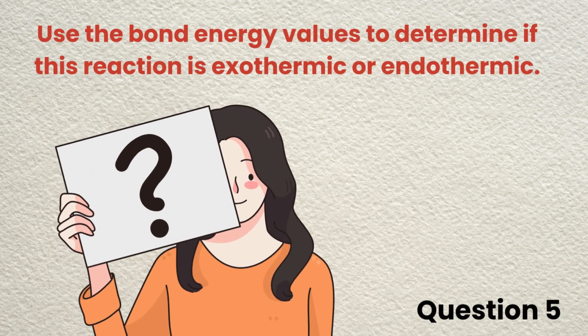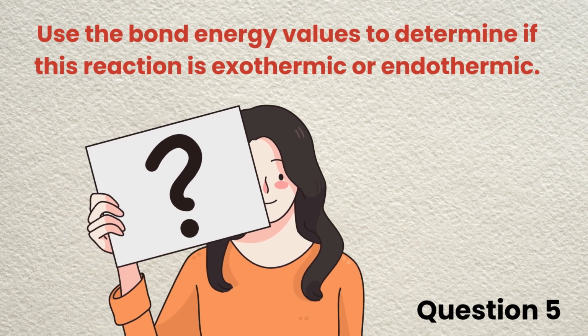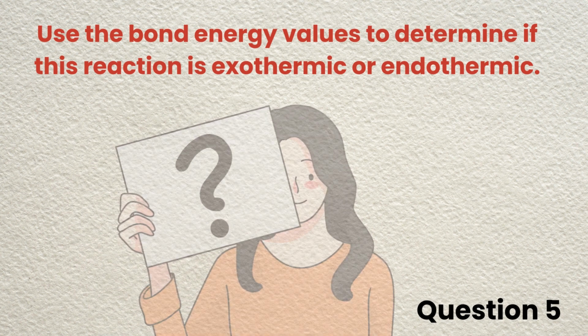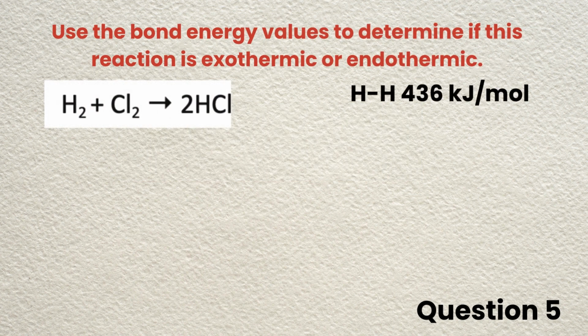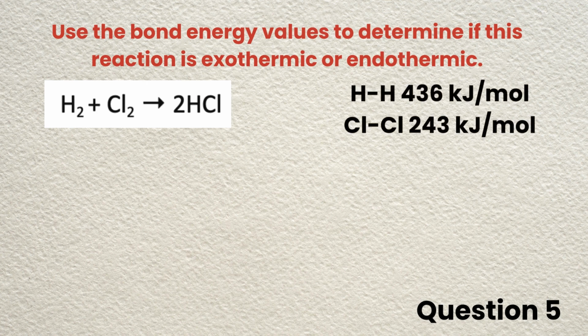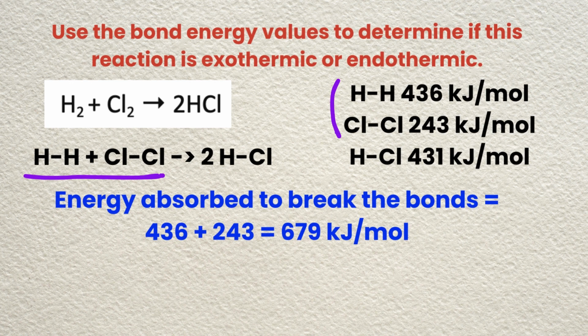5. Use the bond energy values to determine if this reaction is exo or endo. H2 plus Cl2 gives 2HCl, and the H-H bond is 436 kilojoules per mole, Cl-Cl bond is 243 kilojoules per mole, and the H-Cl bond is 431 kilojoules per mole. So energy absorbed to break the bonds is 436 plus 243, which equals 679 kilojoules per mole.